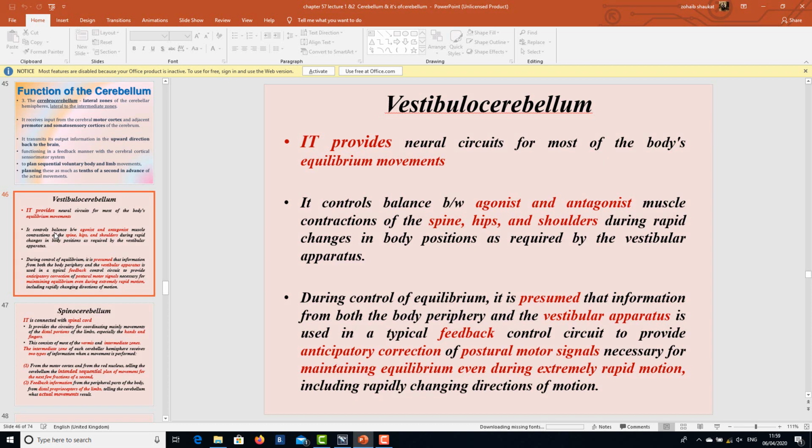During control of equilibrium, it is presumed that information from both the body periphery and the vestibular apparatus is used in a typical feedback control circuit to provide anticipatory correction of postural motor signals necessary for maintaining equilibrium even during extremely rapid motion, including rapidly changing directions of the motion.